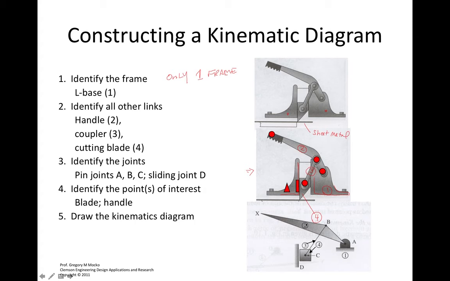B, right here, which is a joint between 2 and 3. C, which is a joint between 3 and 4. And D, which is a joint between 4, the sliding mechanism, and 1, the frame. So that's the kinematic diagram. This is an abstract representation of reality.